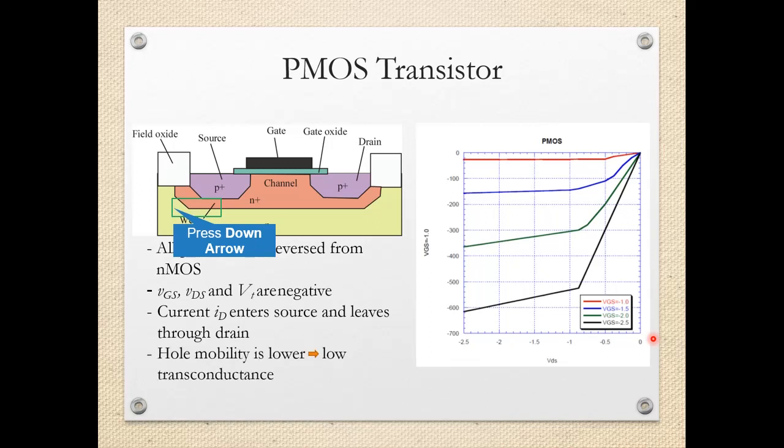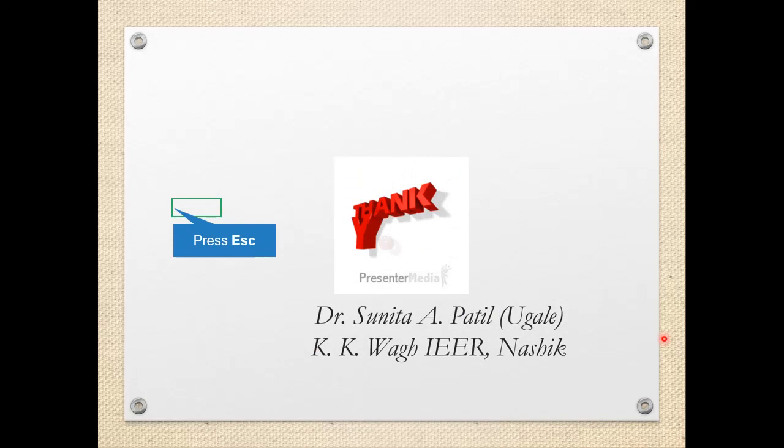Hole mobility is lower, which tends to low transconductance, and NMOS is favored over PMOS. So people like to use NMOS device because it is easier to apply the positive potential as compared to negative, and to remember the characteristic in a reverse fashion.